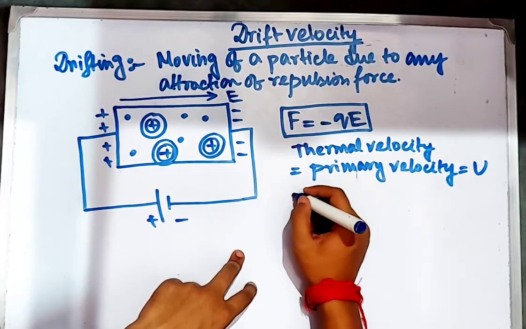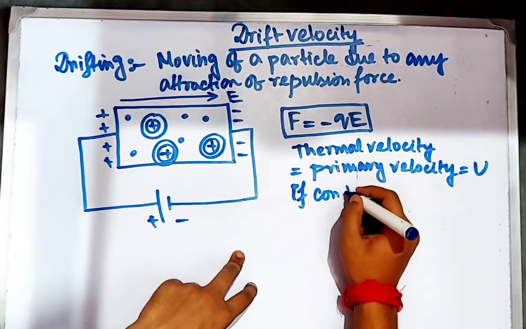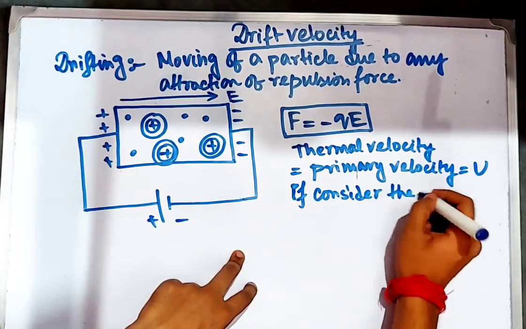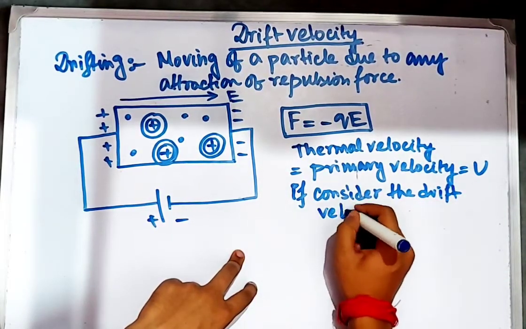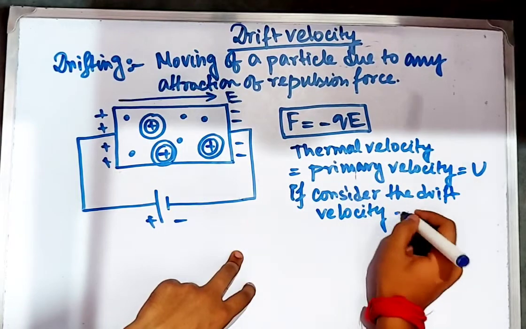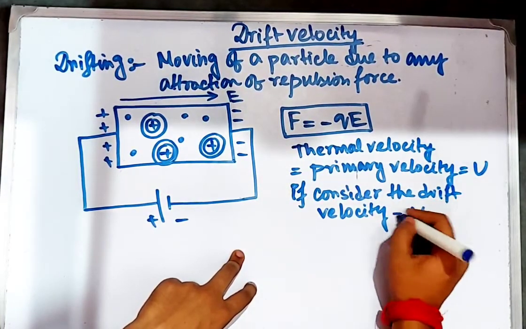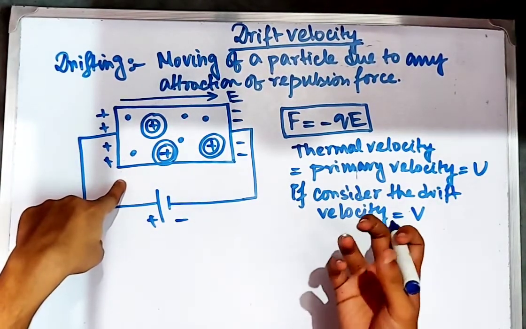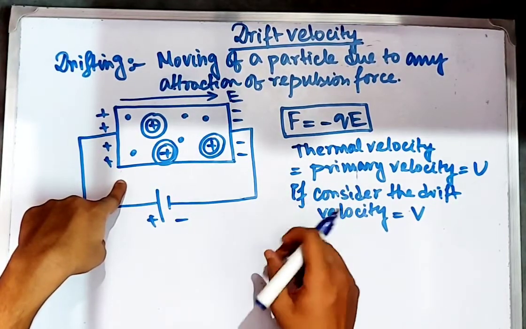And if we consider the drift velocity, it is v, and the drift velocity is due to the pulling force of the electric field on the electrons.